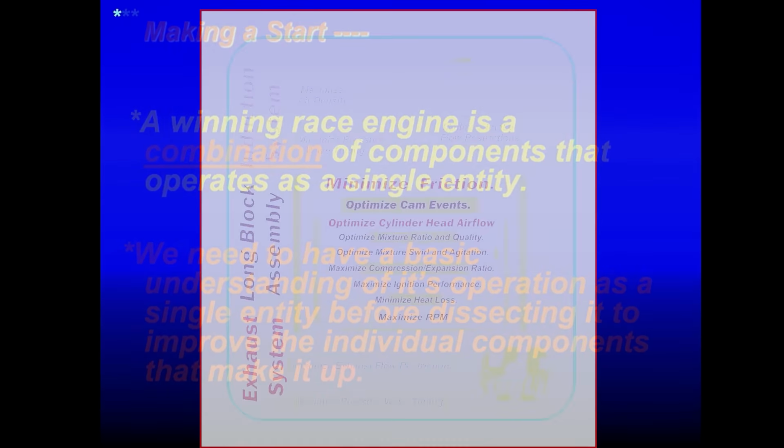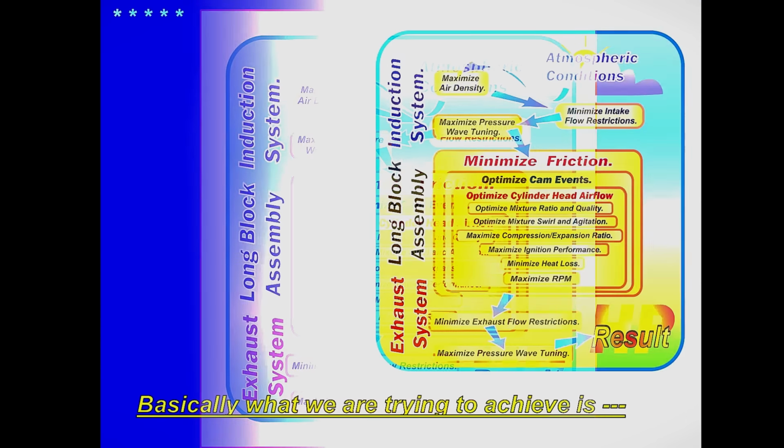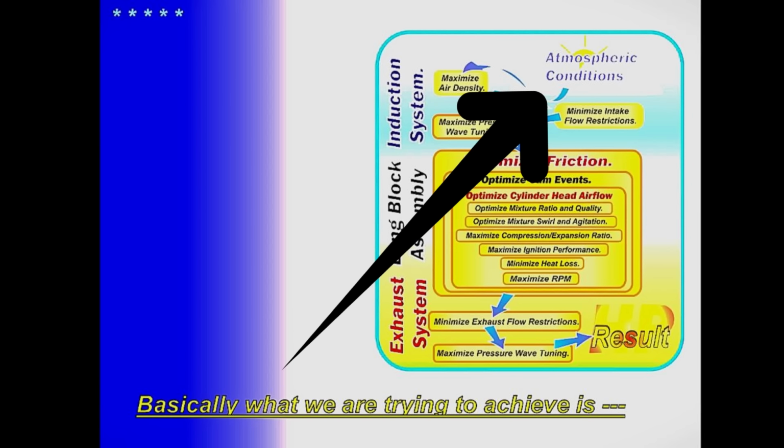Let me introduce you to my power output box. This is what I feel is a simple way to demonstrate all the areas we need to improve. First, we are subject to atmospheric conditions, so that's our starting point.